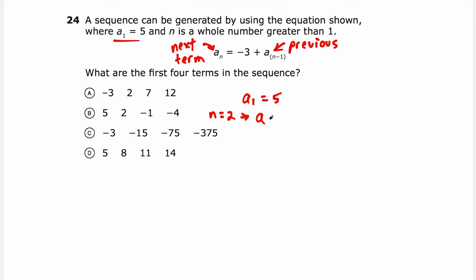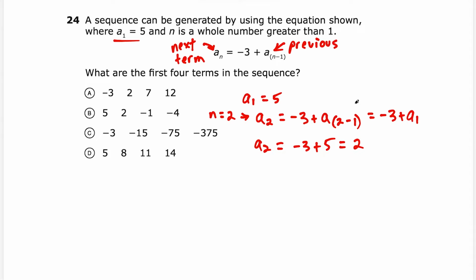This gives us a sub 2 equals negative 3 plus a sub n minus 1, so 2 minus 1 as the subscript. This simplifies to negative 3 plus a sub 1. So a sub 2 is negative 3 plus 5, which is equal to 2.